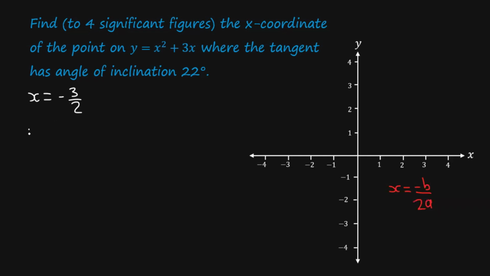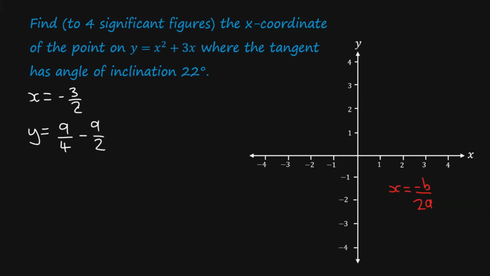So to find the y value, which will give us the coordinates of the vertex, we're going to substitute x equals -3 over 2 into that equation there. And we'll get something like this. So -3 over 2 squared is going to be 9 over 4, and then plus 3x, so it's going to be minus 9 over 2.